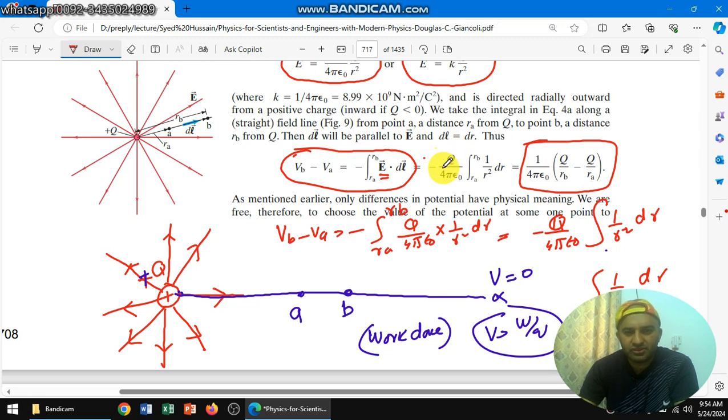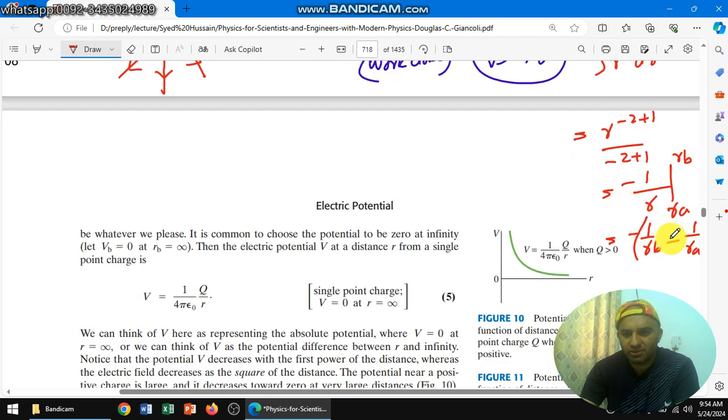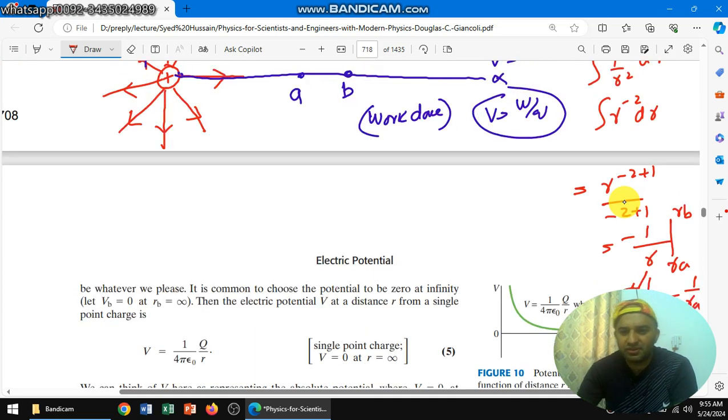Okay, so this negative sign can also be removed, because we know that q times 1 over RB minus 1 over RA. Because this is minus and this minus can be cancelled with this negative sign, so that it becomes positive.